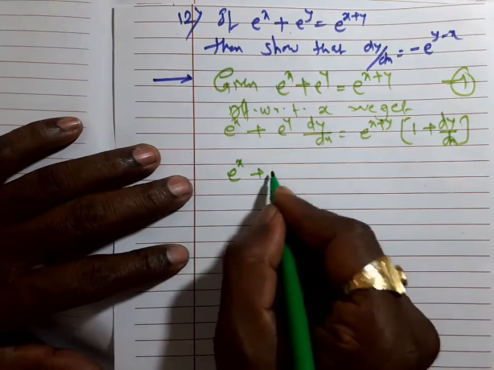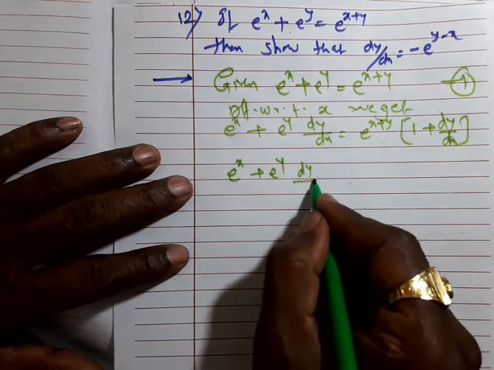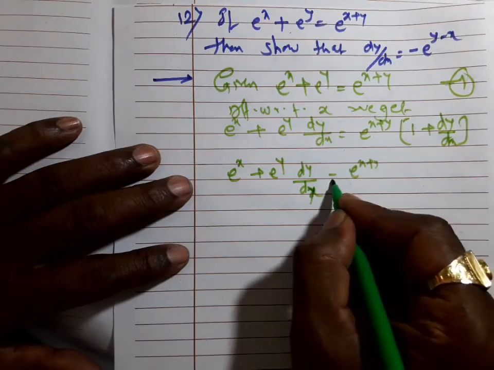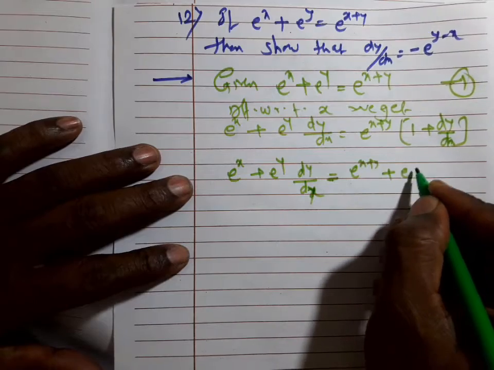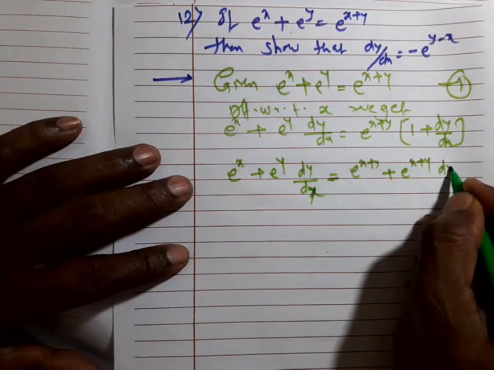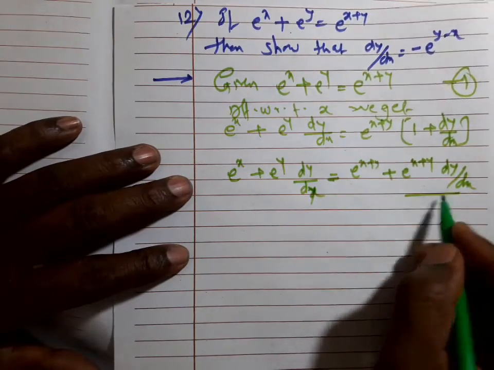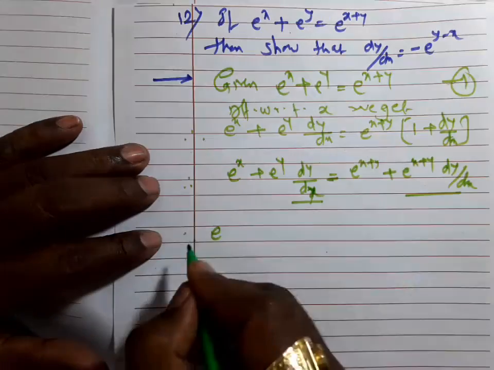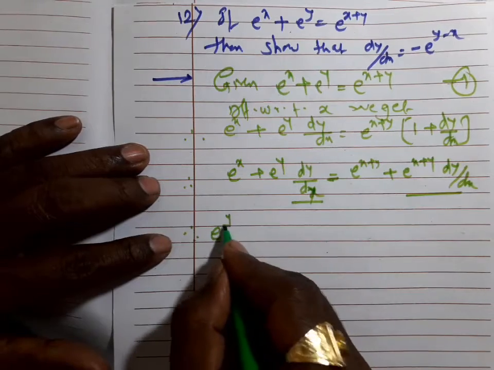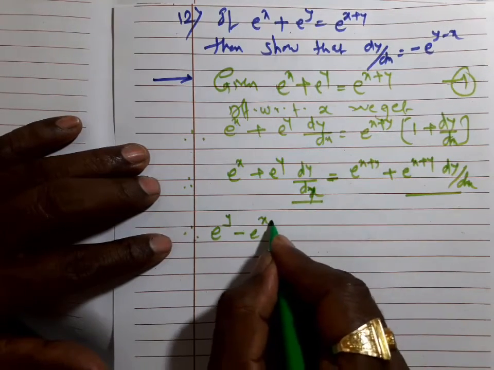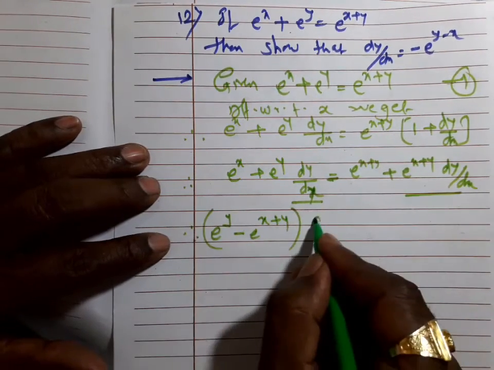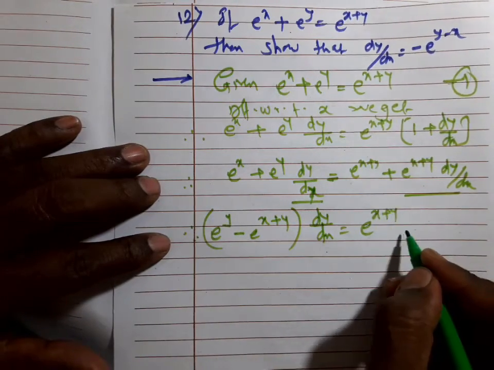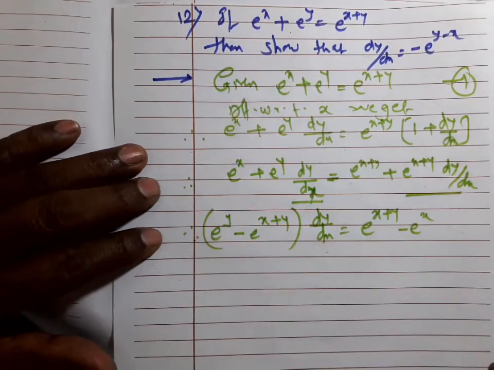This e raised to x plus e raised to y dy by dx is equal to e raised to (x plus y) plus e raised to (x plus y) dy by dx. Now collect these two terms together. Therefore, (e raised to y minus e raised to (x plus y)) dy by dx is equal to e raised to (x plus y) minus e raised to x.